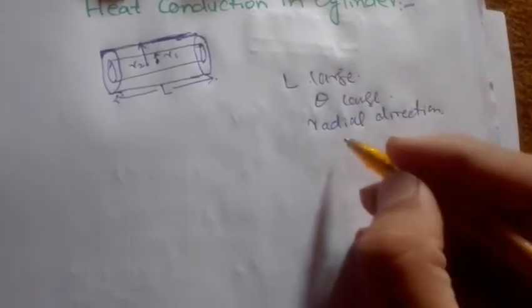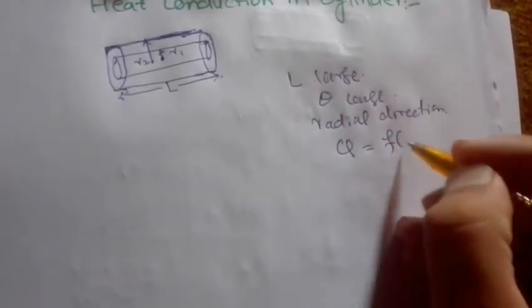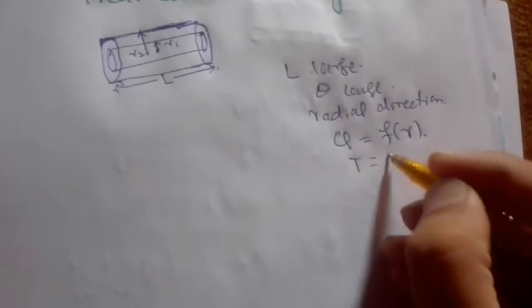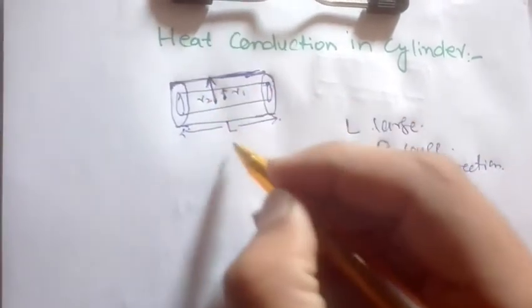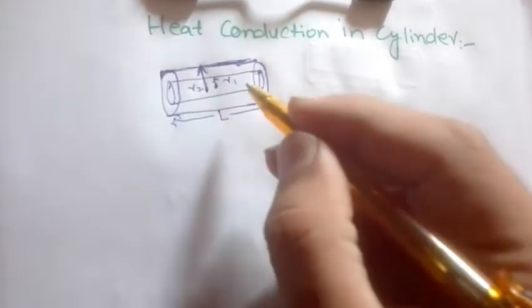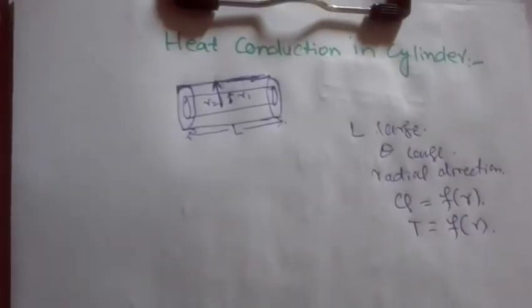Radial heat transfer only, in the R direction. Temperature only changes in the R direction. In the theta direction, there is no heat change.